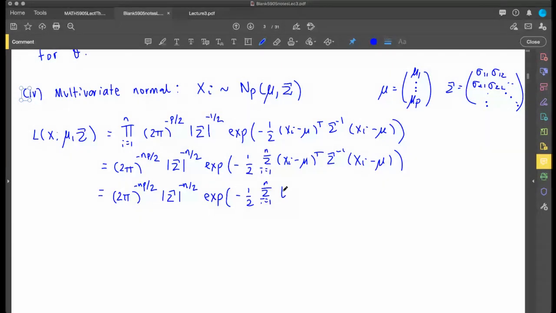So I can write this as the trace of now the variance covariance matrix inverted. So this is not a summation now. This is this variance covariance matrix times xi minus mu transpose. Okay, so that was the trace property.